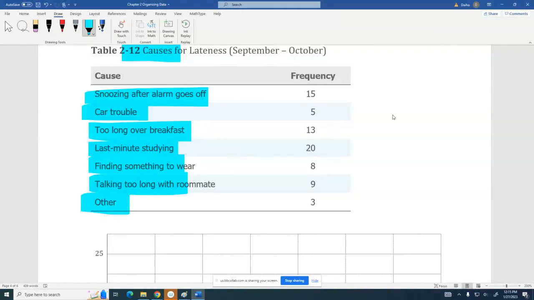How many types of variable did we have? 2 types: numerical and categorical. Which one is this? Categorical, absolutely. It's already categorized, so we don't have to classify. Before, we needed the classes, limits, and boundaries because we had a numerical variable.